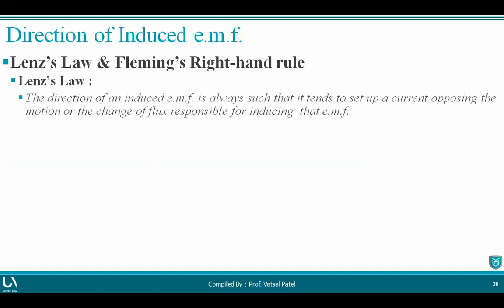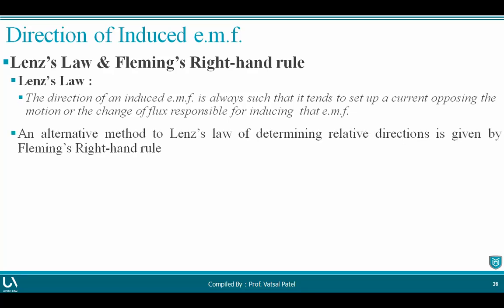I hope this is understood, because we discussed this in great detail in the last session. Lenz's law indicates that the direction of an induced EMF is always such that it tends to produce a current which opposes the motion of the conductor, or the change of flux responsible for inducing that EMF.